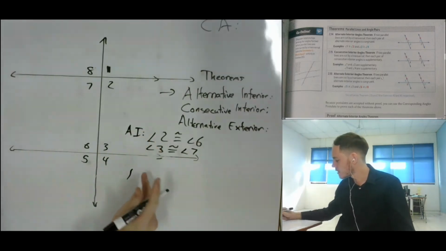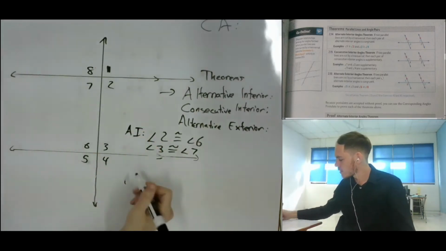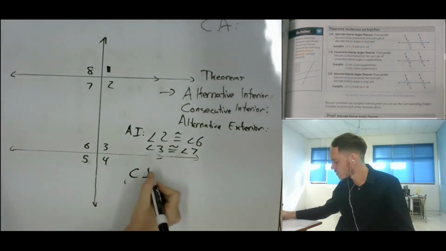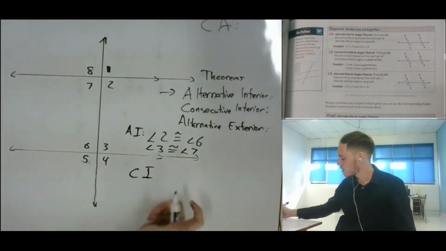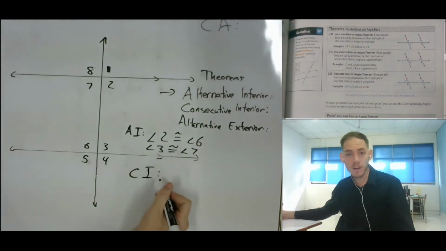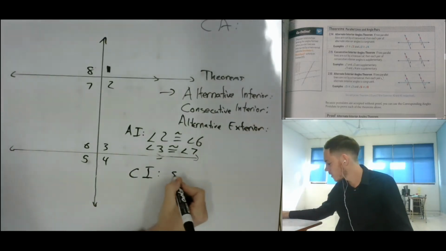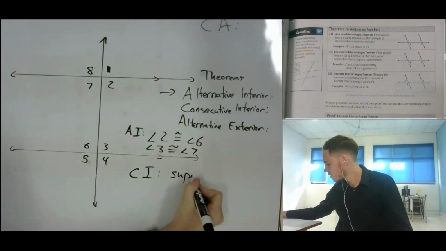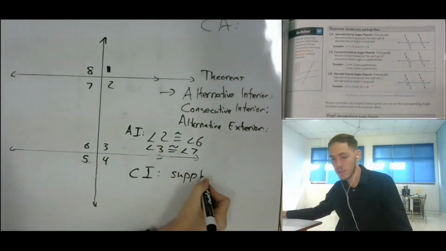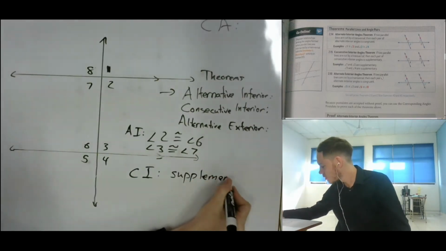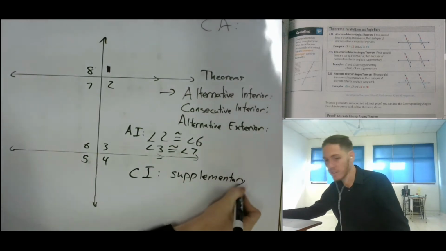Okay, what about CI? Consecutive interior angles are going to be supplementary. So how do you write this?